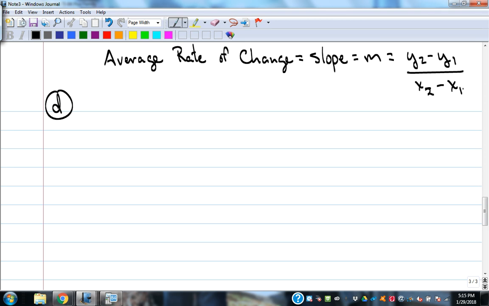Now, if we're given a set of data and they ask us to write a linear model for the given data, we can write an equation for that. So I want to show you some stuff with that. Write a linear model for the data.